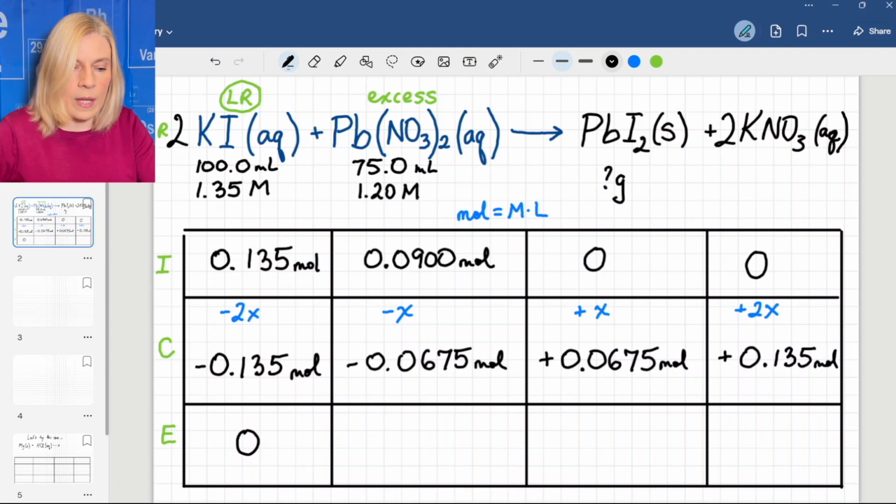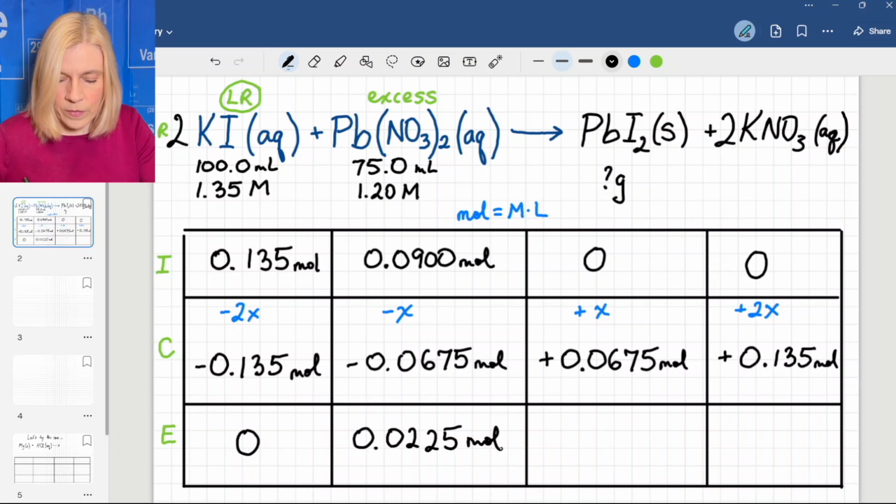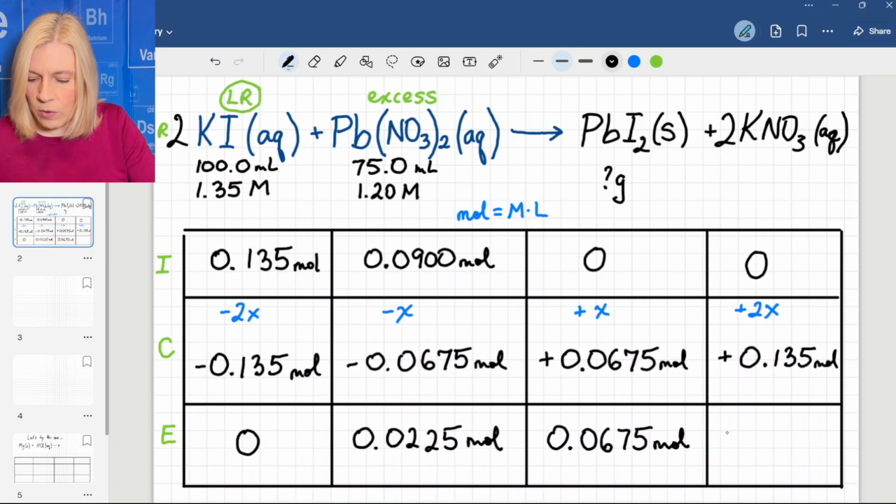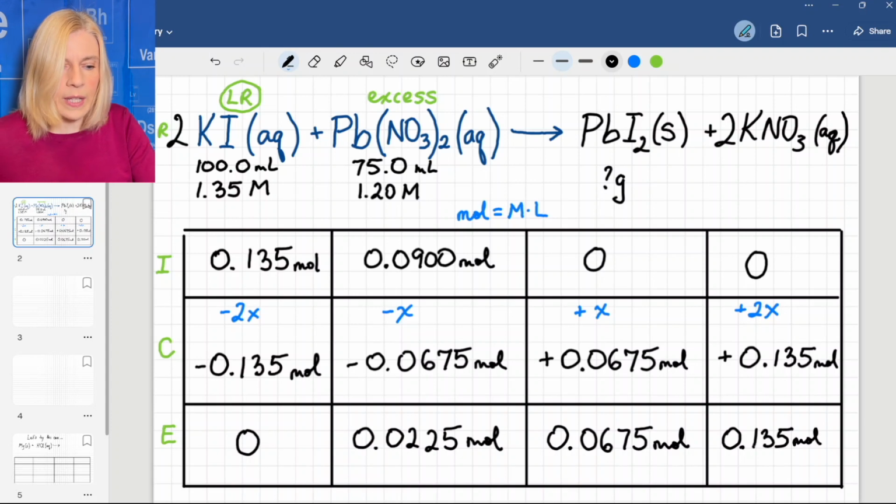So if we do some numbers in the calculator, I'm going to be left with 0.0225 moles of my lead 2 nitrate. I'm going to make 0.0675 moles of a solid, yes, lead 2 iodide, and I'm also going to have 0.135 moles of potassium nitrate.